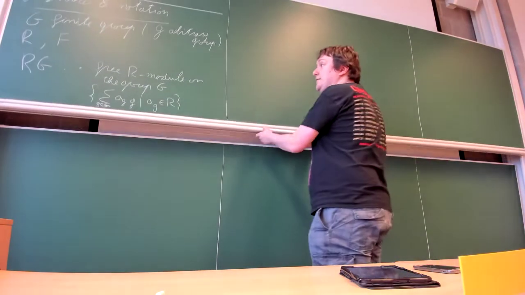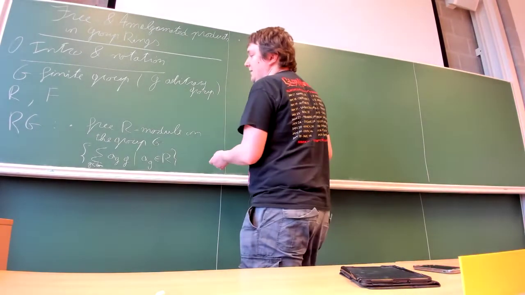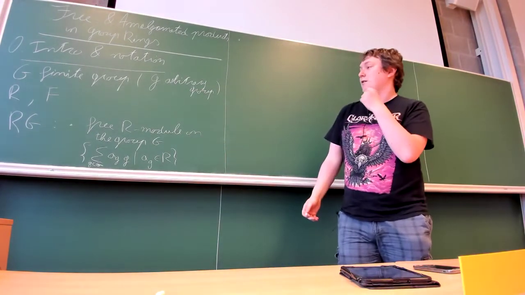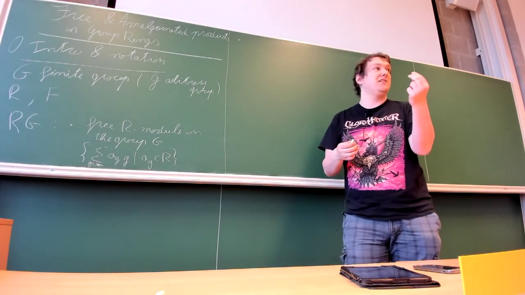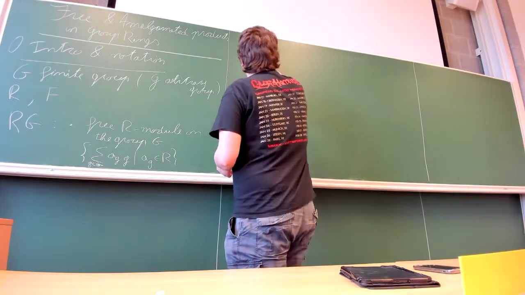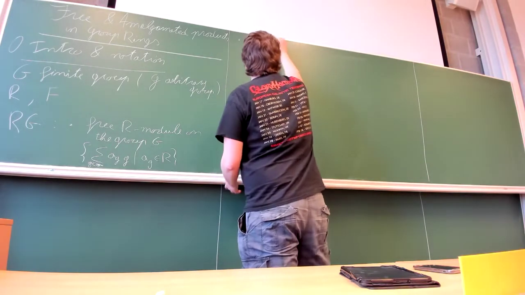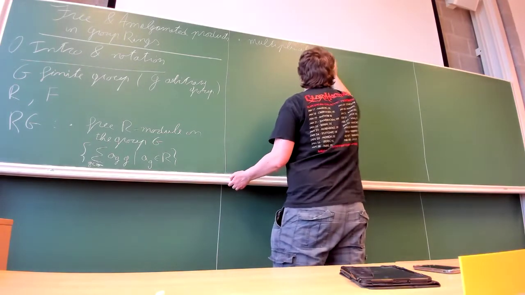Okay, now you need a multiplication. The multiplication is just the R-linear expansion of the multiplication on the basis elements, namely the group. I think this is not too crazy. So multiplication is pretty easy.